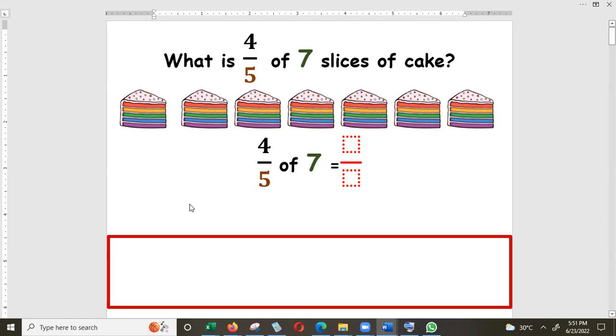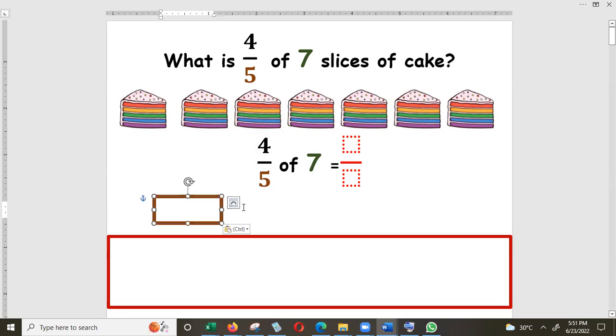So visually, you can create 5 groups. Because you want to divide by 5, you create 5 groups. That's 1 group right here.